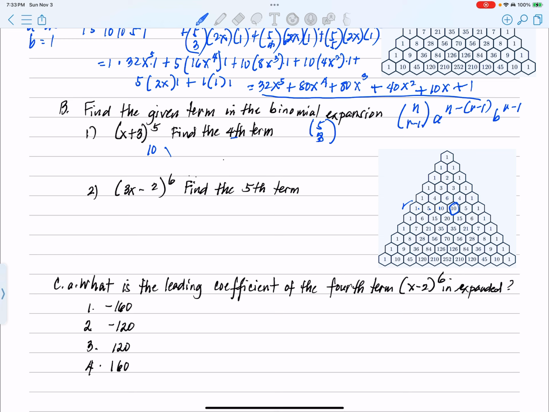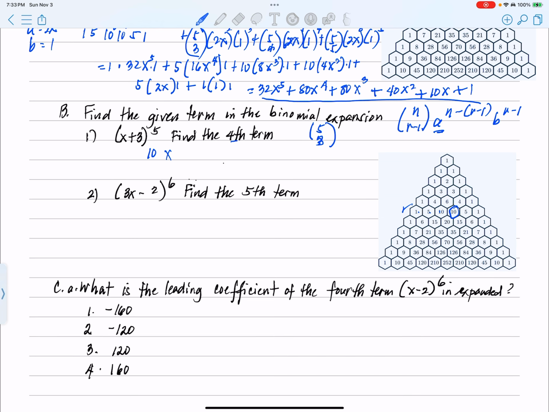The exponent is n minus (r minus 1). What is our r? r is 4, n is 5. All right, so that would be to the second power.